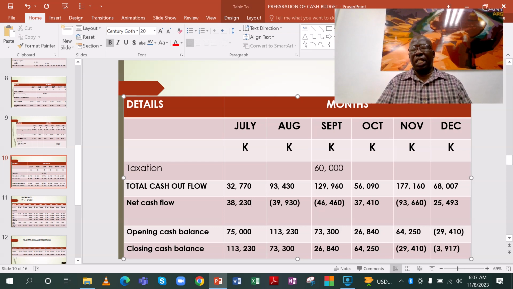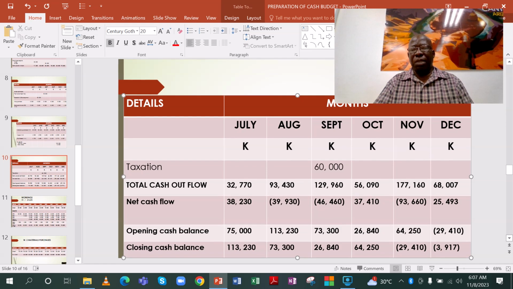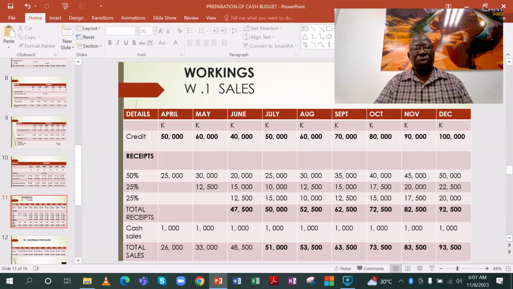That's how important cash budgeting is, so that we can plan ahead on how to make use of cash surpluses in the coming period, and also how to deal with cash shortages or deficits. So that's how you prepare a cash budget in a typical examination question.